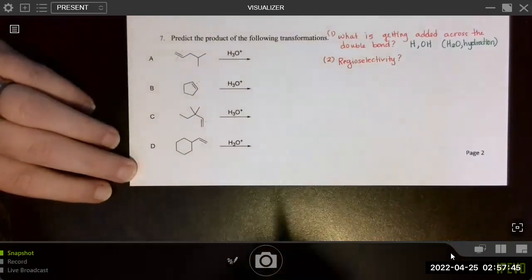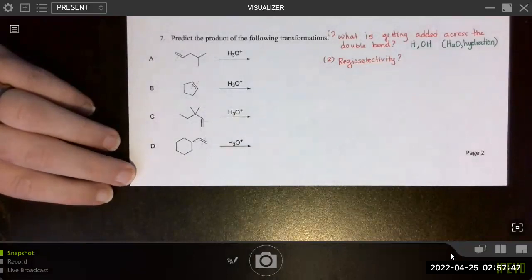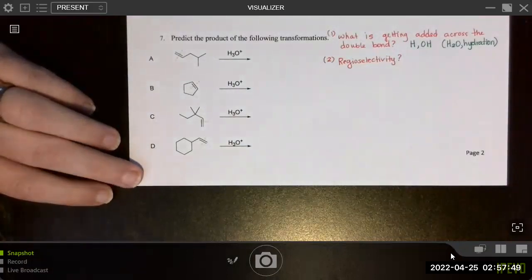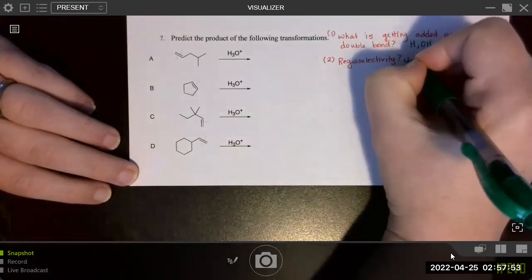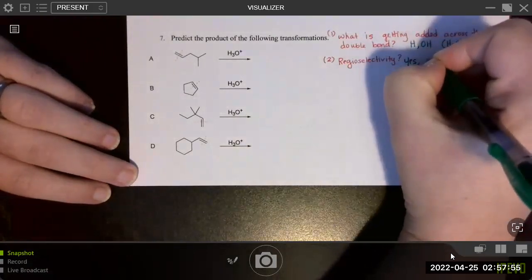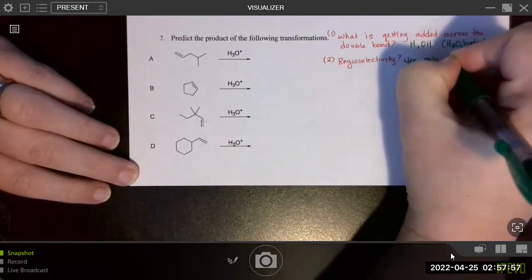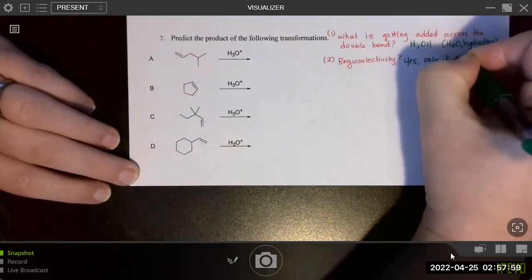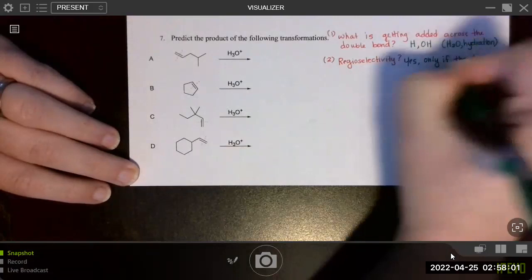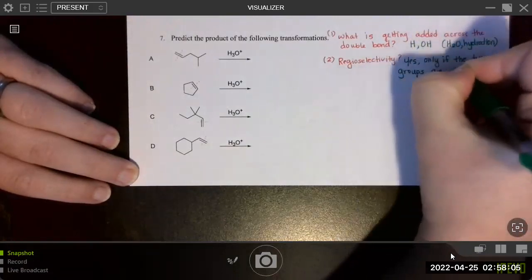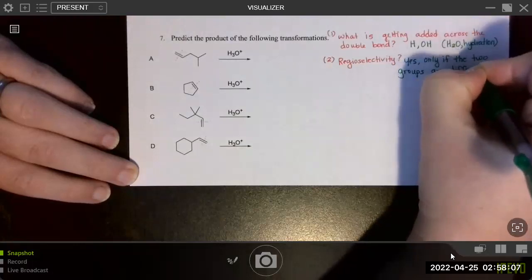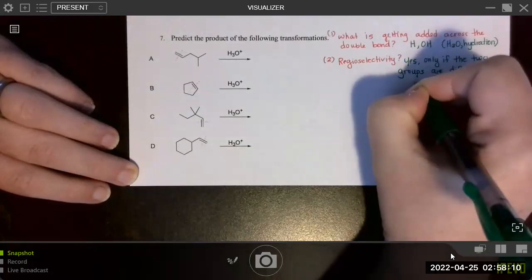So we'll put, do we need to consider regioselectivity? Well, the answer is yes, only if the two groups are different. And they are, right?